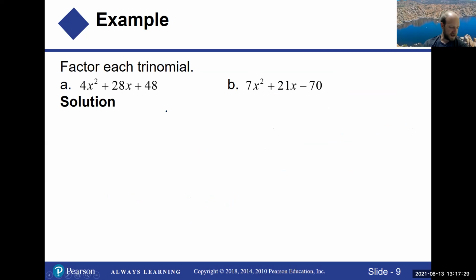All right, a couple more examples here, and then we'll have sort of a geometry type question. So in factoring these trinomials, what I really want you to focus on is recognizing if you can take out a GCF first, okay? That really should be your first question all the time when you're looking at these.